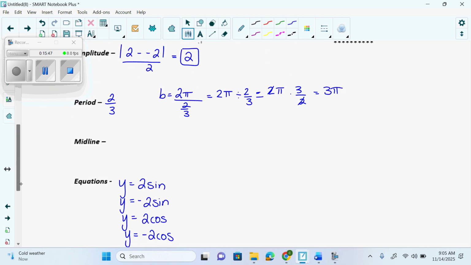All right. So we get 3 pi. So sometimes your B value has a pi in it if your x-axis doesn't have pi's, right? It doesn't cancel off. Okay, then we're going to flip over.